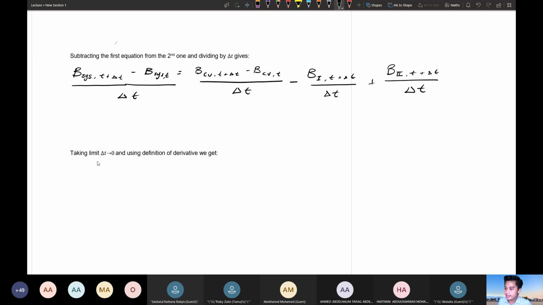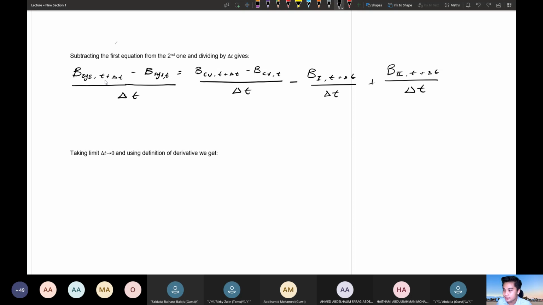So taking the limit delta t equal to 0, approaching 0, in order to introduce the derivative. We need to convert all these to derivatives. Instead of delta, we use differentiation because we're going to integrate later on. So from this one, this is the change of the system, t plus delta t minus t.